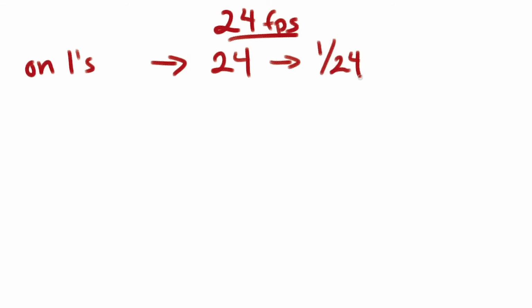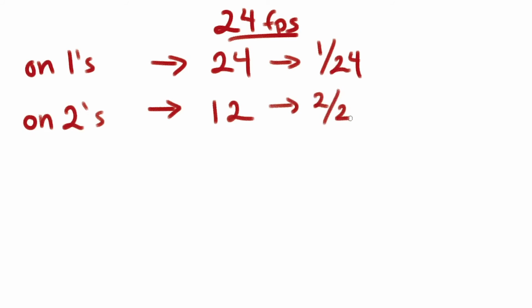But if you can get away with it, you want to reduce your work in half, right? So maybe you decide that you want to animate on 2s, and that means that you are going to do 12 drawings for every second, and that means that every drawing is going to last for 2/24 of a second, which actually is 1/12 of a second.